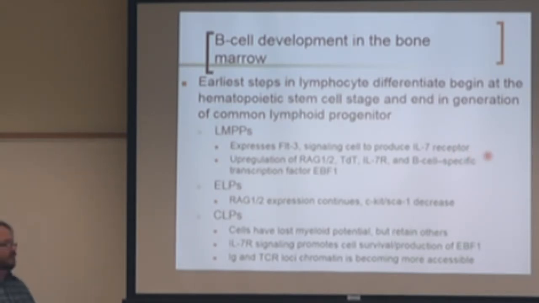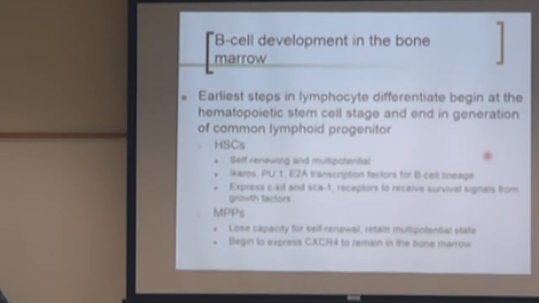Is there a key ratio between the HSCs and the MPPs, or is it more about the number of MPPs that mature into the LMPPs? All of that is pretty tightly regulated.